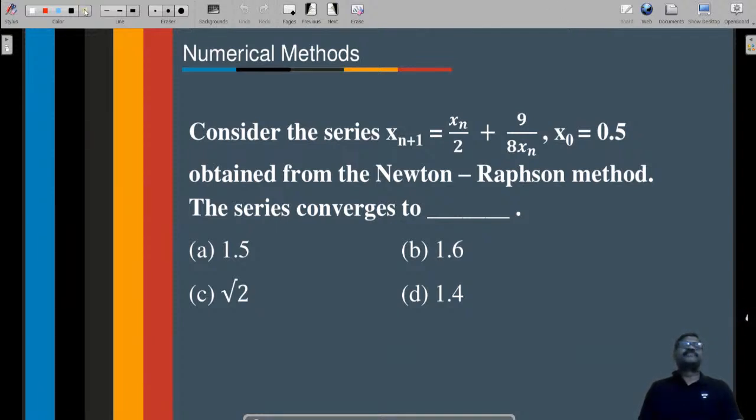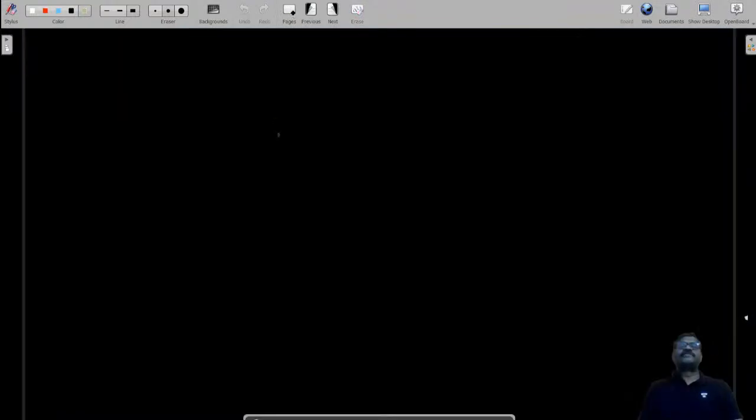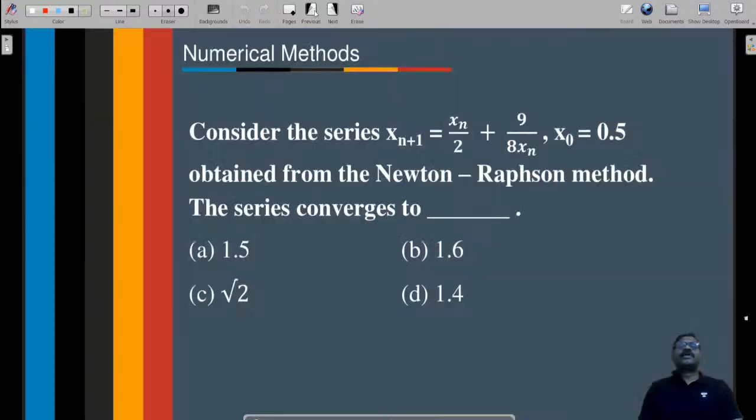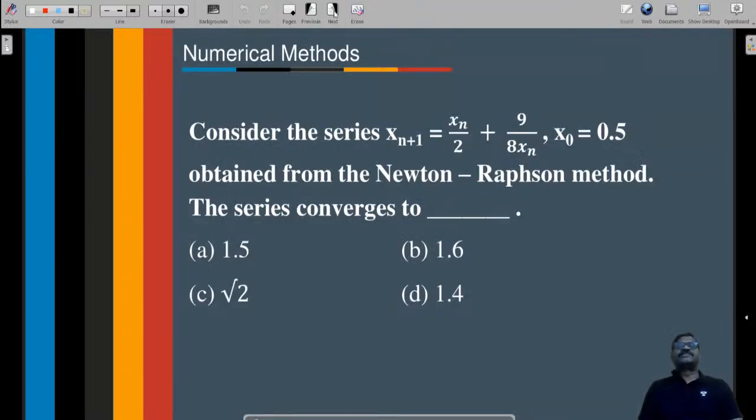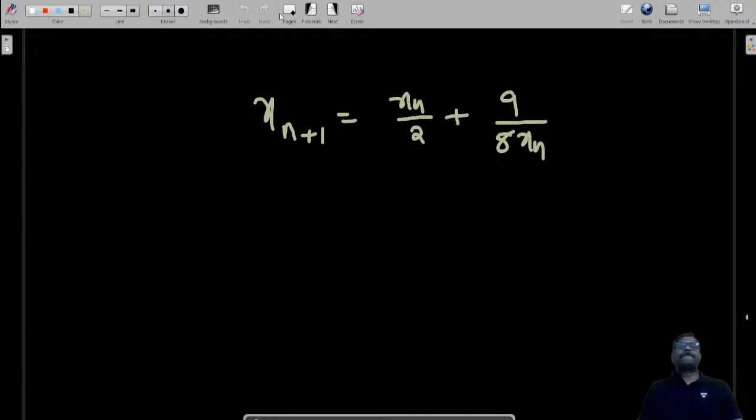Next, xn plus 1 equal to xn by 2 plus 9 by 8 xn. X naught is 0.5.